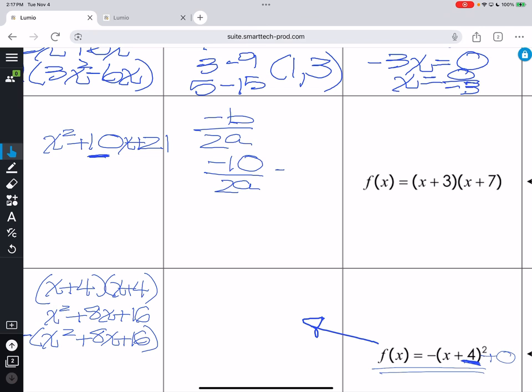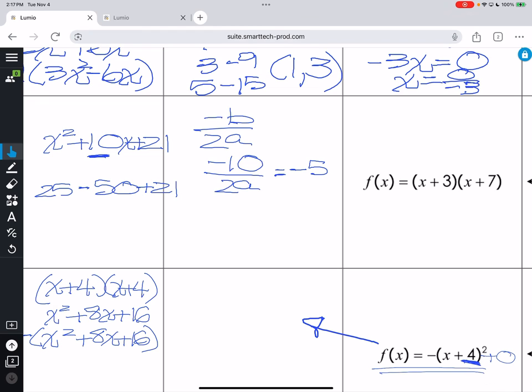And then what will your y be? What's -5 squared? 25. What is 10 times -5? -50. Plus 21.